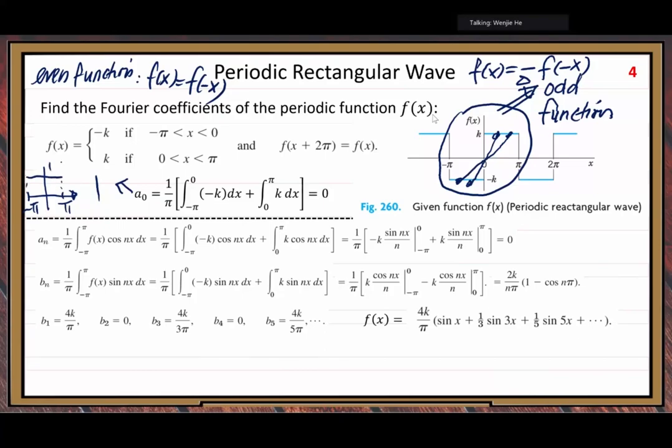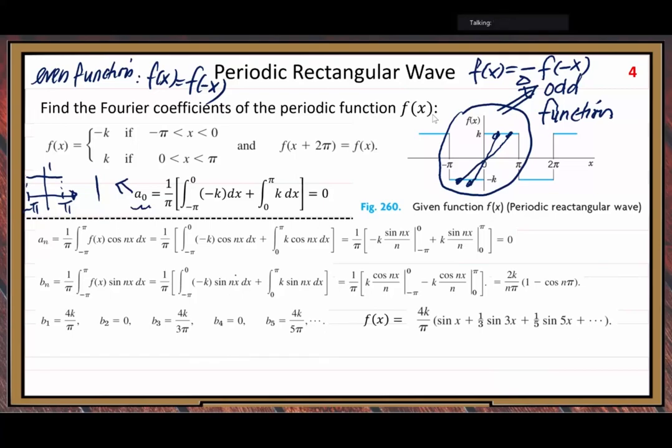It's symmetric about the y-axis, so it's an even function: f of negative x equals f of x. So the coefficients corresponding to the even functions are all equal to 0.